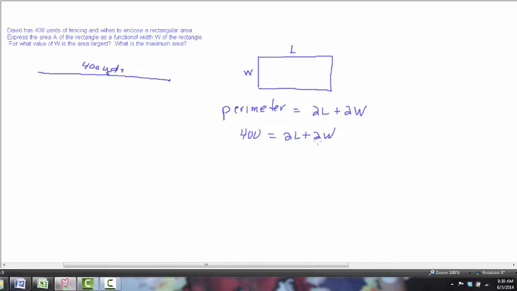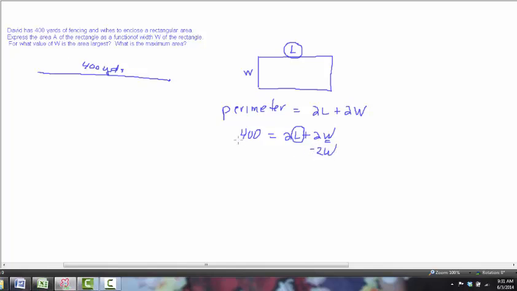Okay, but we want all of this to be within one unknown, right? So since we're looking for making a function of width, how can I describe length in terms of width? Well, if I manipulate this equation, I can solve for L. So I'll know what L is in terms of W. So let's try to get L by itself. I'm going to subtract 2W from both sides.